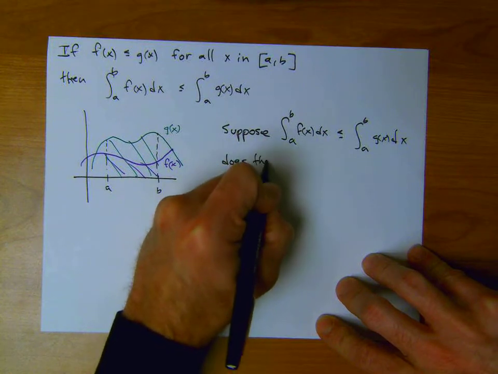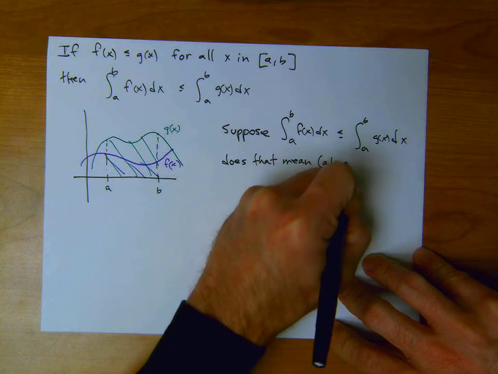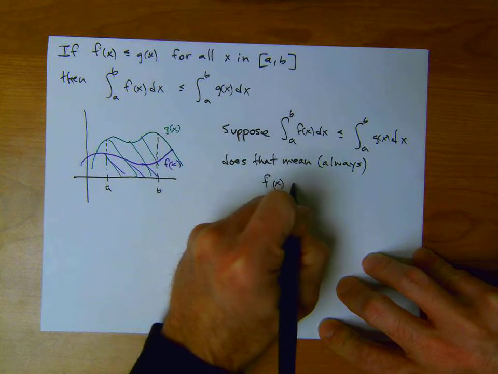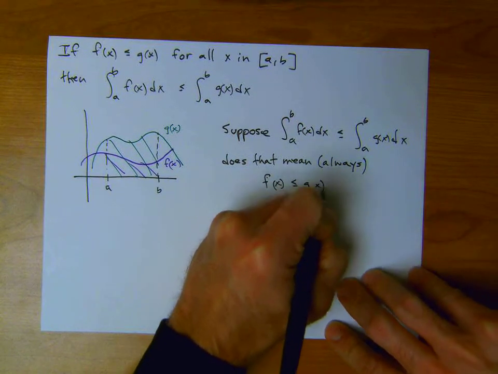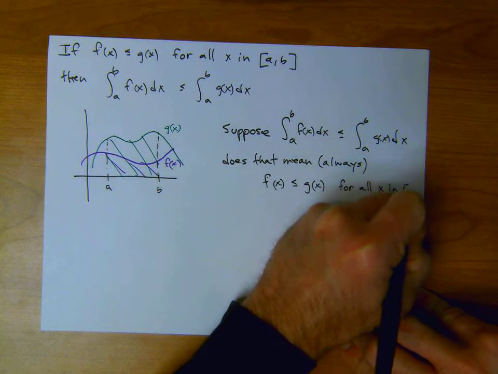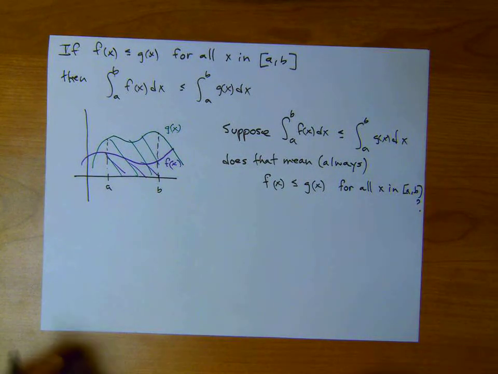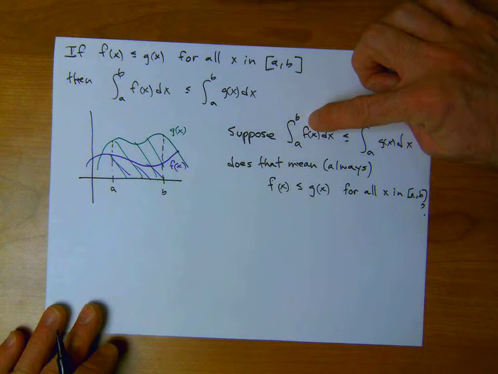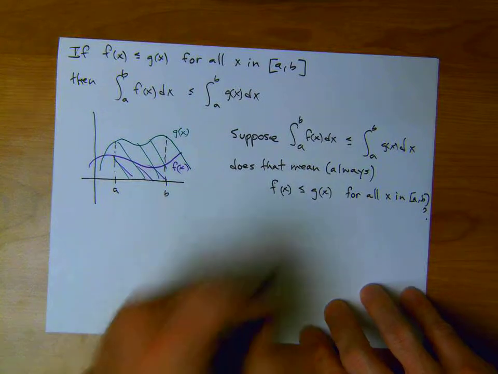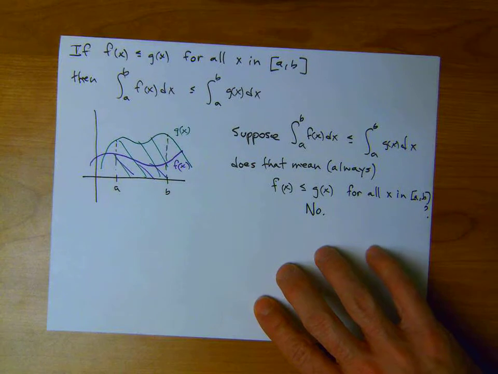Does that mean, always, that f of x is less than or equal to g of x for all x in a, b? So if the area under f is less than or equal to the area under g between a and b, does that mean one function is always less than the other? The answer is no. Let me give you a quick example.